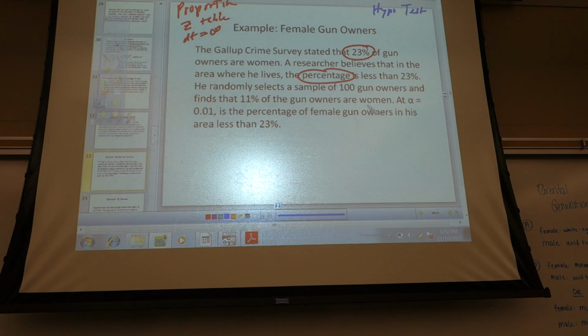So everybody, put your finger on the right spot. No, your p would be 23%.